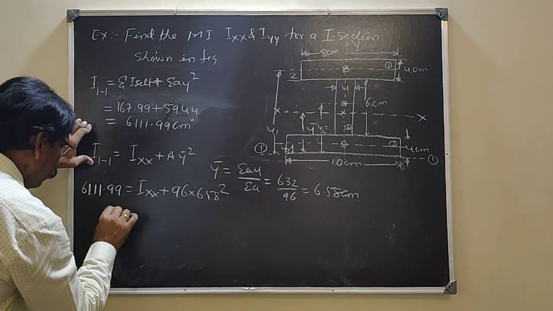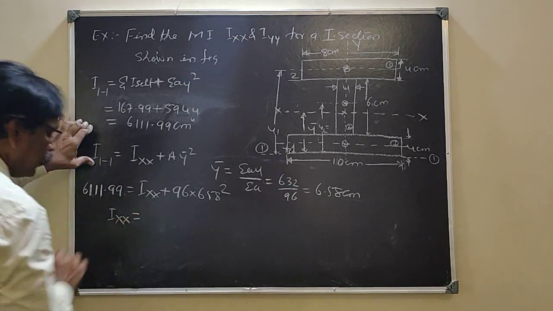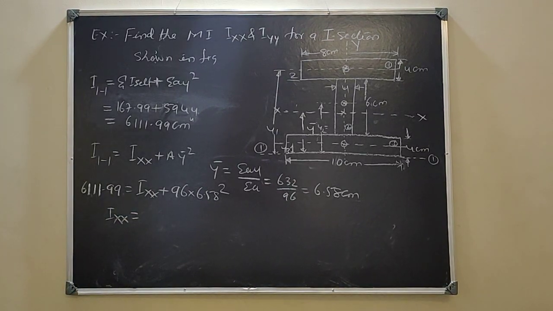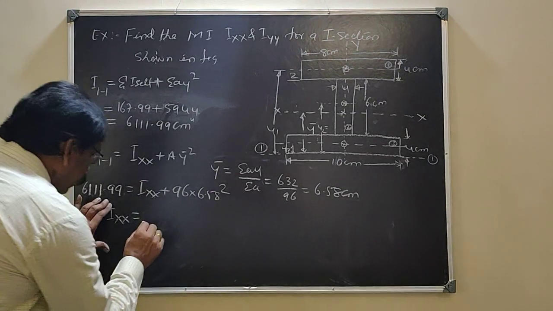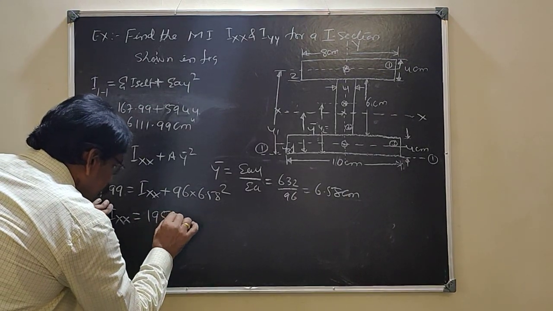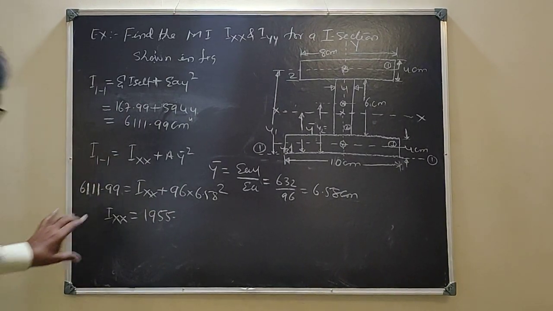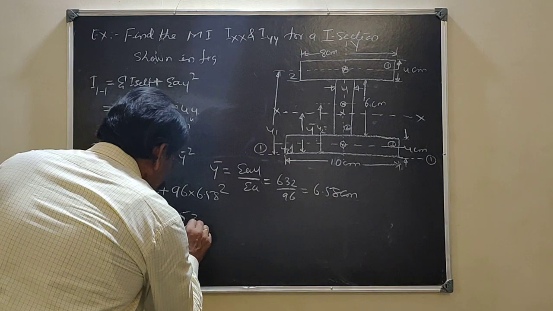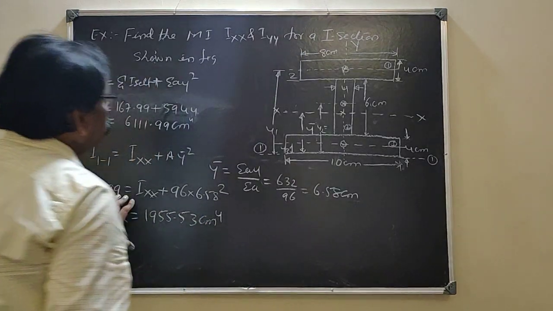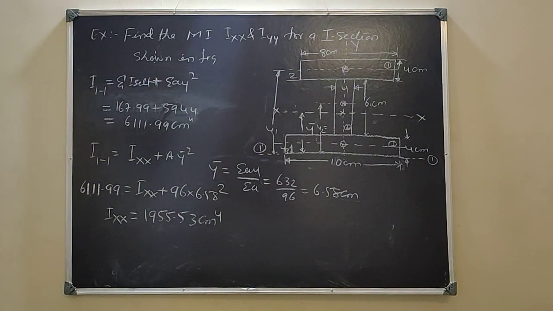On simplification, Ixx is equal to 1955.53 centimeter to the power of 4. So that is how to find the moment of inertia of a composite section formed with a number of rectangles.